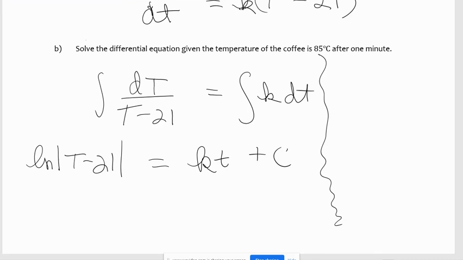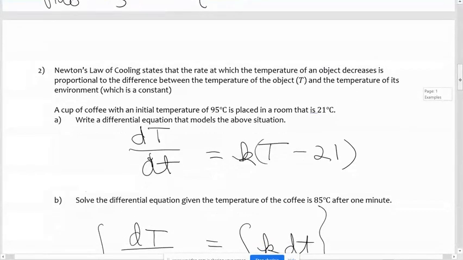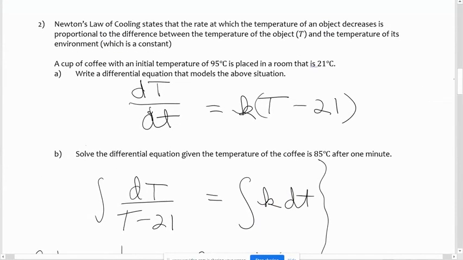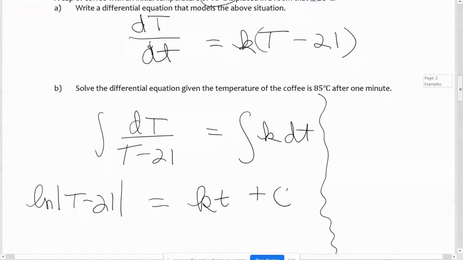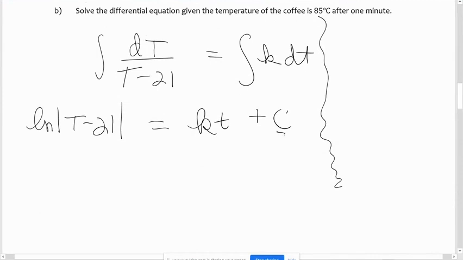Okay, so the initial temperature at time 0 is 95 degrees. All right, so I'm going to use that to find this C right here. And I'll use the 85 after 1 minute to find little k.